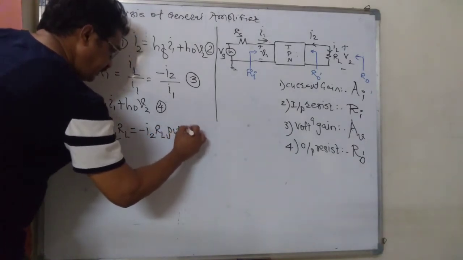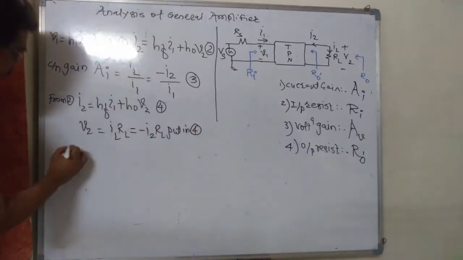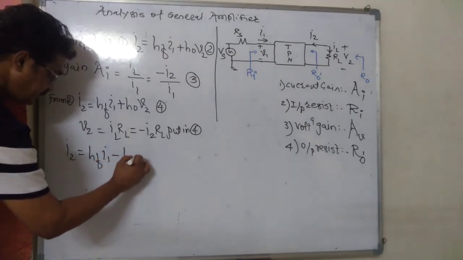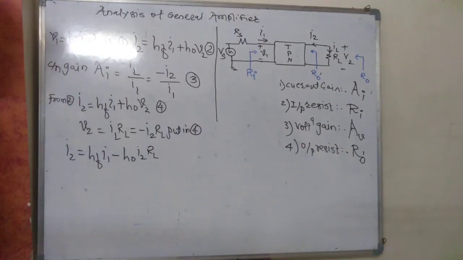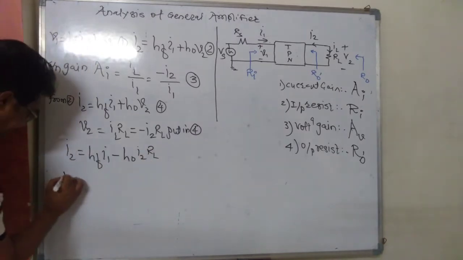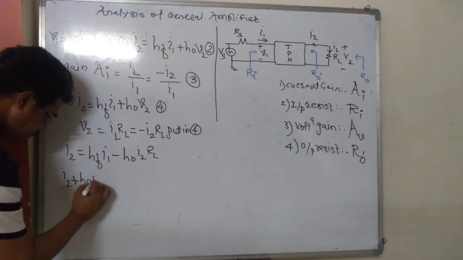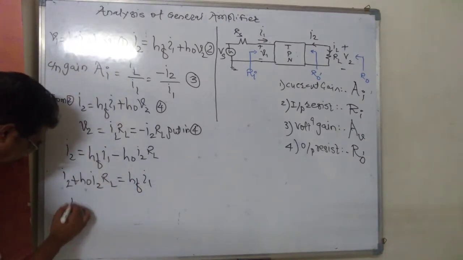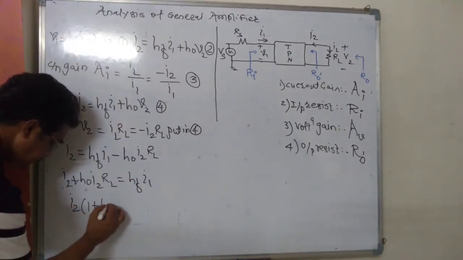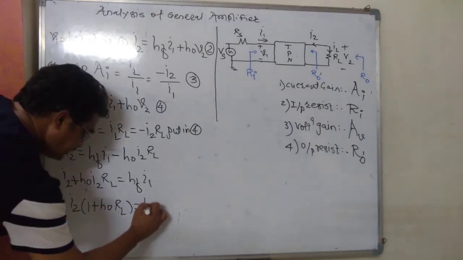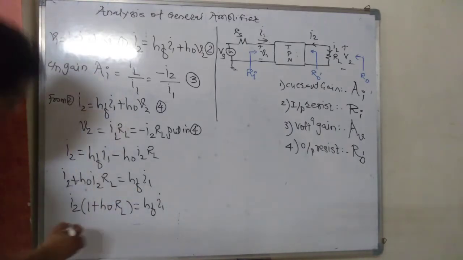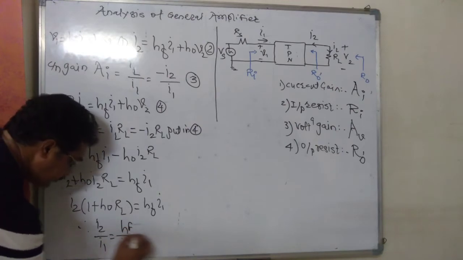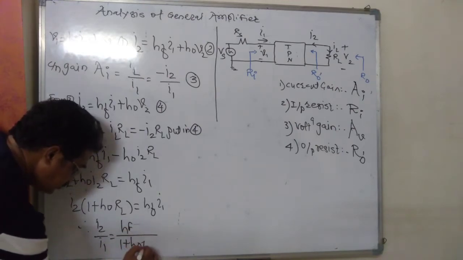Put this in equation 4. So I_2 is equal to h_f I_1 minus h_o I_2 R_L. Take this term to this side: I_2 plus h_o I_2 R_L is equal to h_f I_1. I_2 into bracket 1 plus h_o R_L equals h_f into I_1. Therefore, by cross multiplication, I_2 upon I_1 is equal to h_f upon 1 plus h_o R_L.